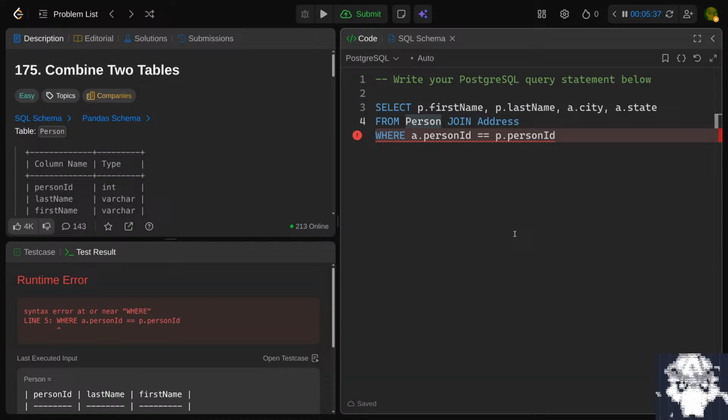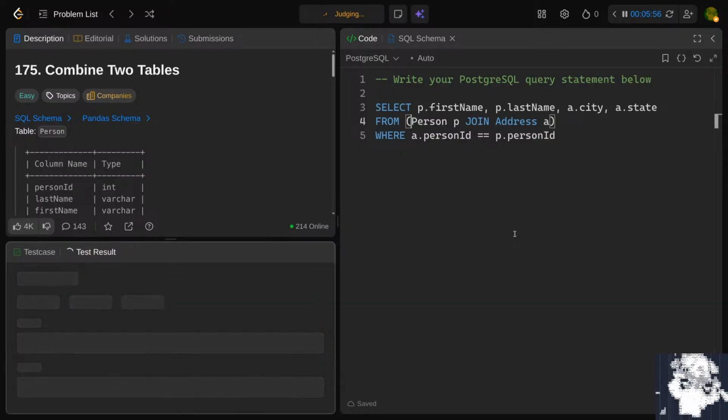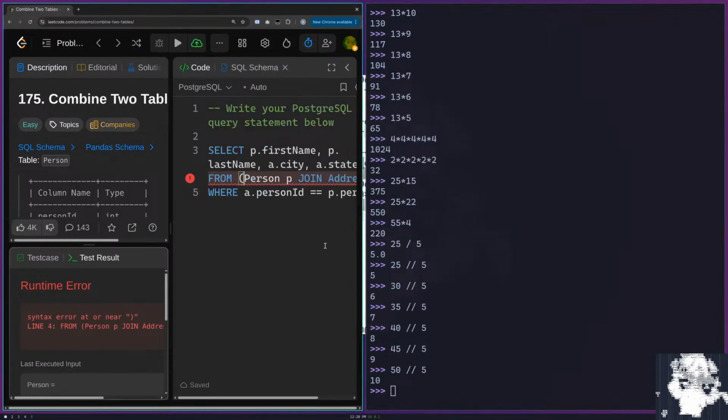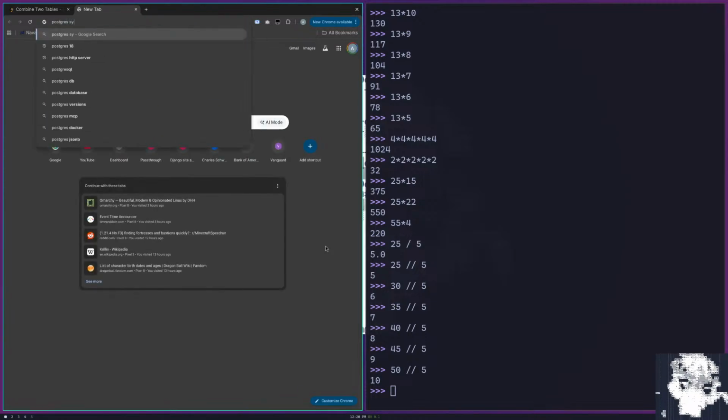Like I know what I want to do. I just don't remember how to name the tables when you join them. Yeah, I just have to look this up. So let's just search Postgres syntax.